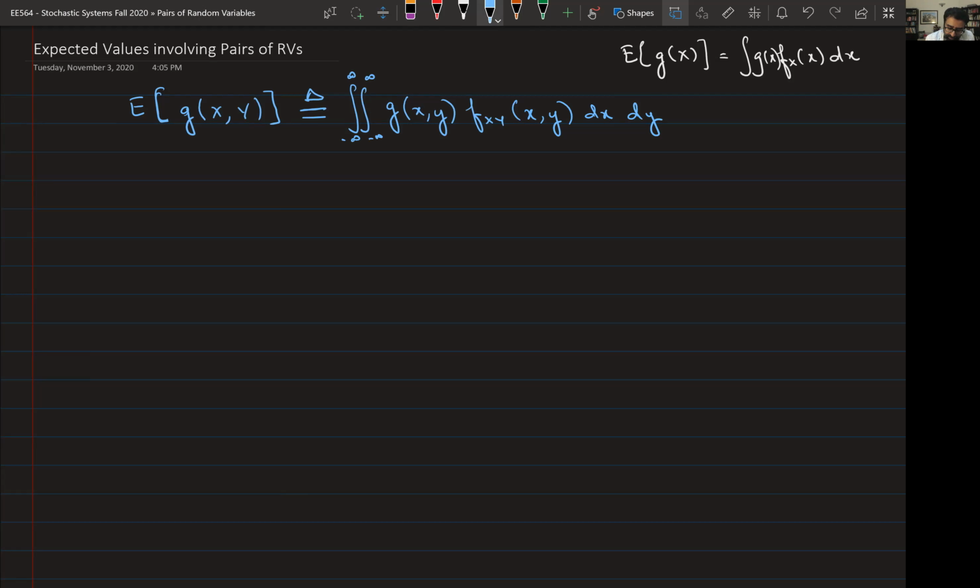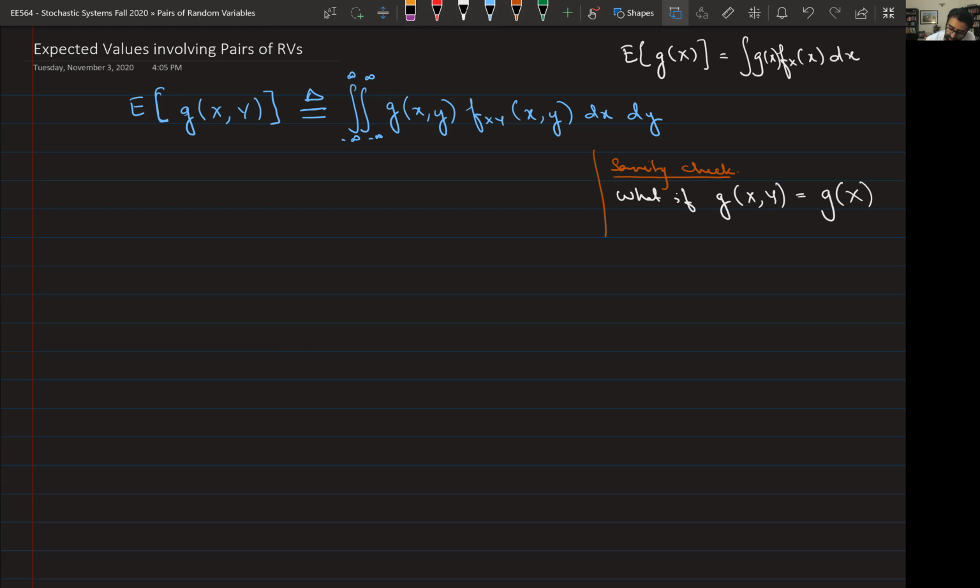Now, just a quick sanity check, if you will. There's a sanity check in a box here. Let's say g of x, y was actually some function equal to g of x.